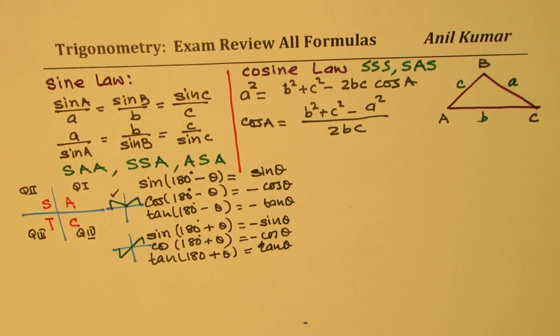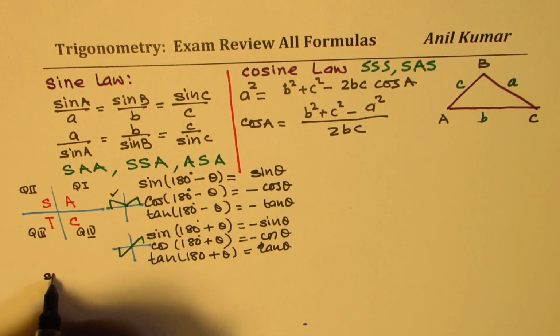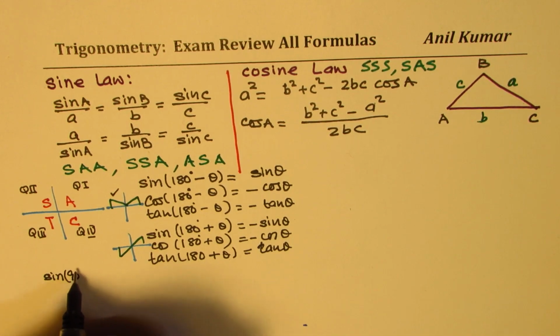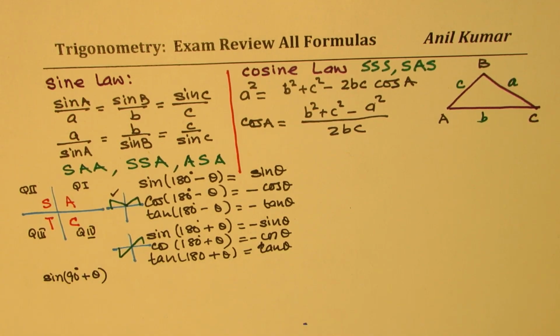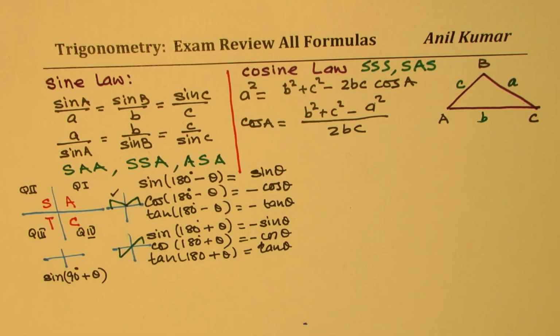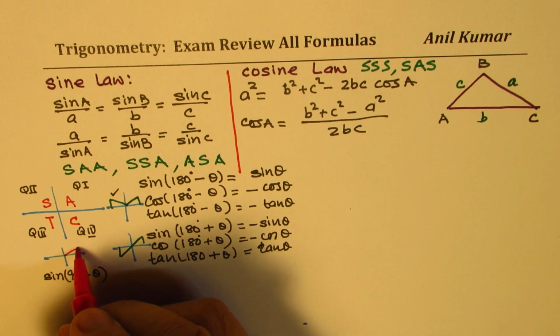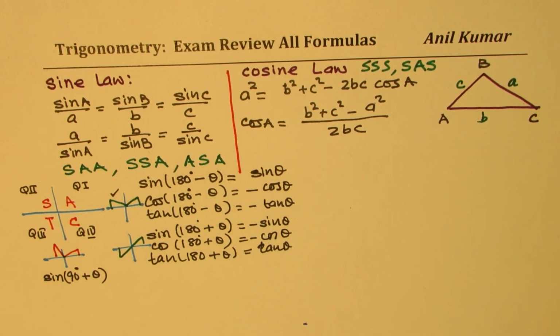Right. Now we could also have relations with pi by 2 plus theta, right? So in that case, the scenario is kind of like this. Let me write down here to save some space. So we have sine of 90 degrees plus theta. That means we're looking into a situation where we have a triangle kind of like this. This triangle tilts like this. So sine becomes cosine, cos becomes sine, correct?